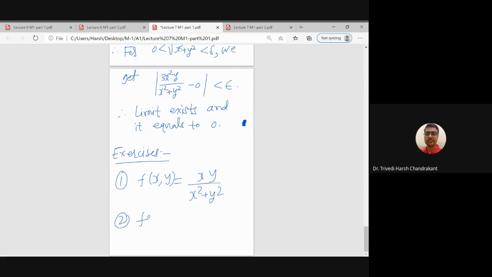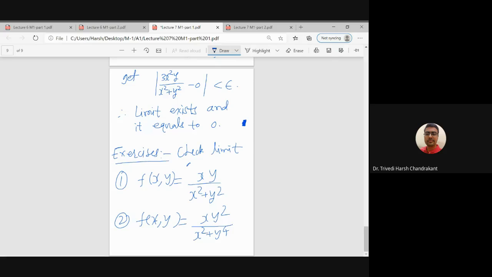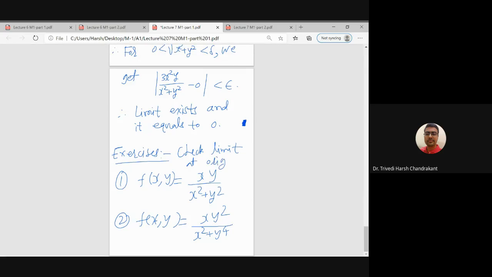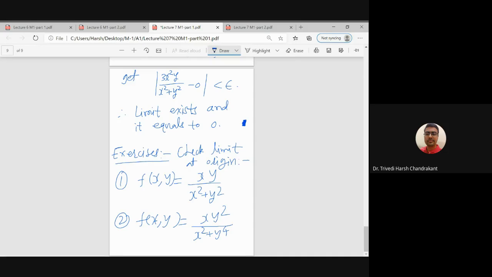The second function is f of xy equals xy square divided by x square plus y power 4, right? So check if the limit exists at the origin. So I think this would be enough.